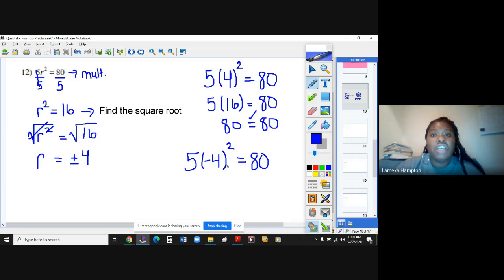Now, again, we're going to follow the rules of Please Excuse My Dear Aunt Sally, Sue, Shamika, whatever your auntie's name is that starts with the letter S. Negative 4 squared is the same thing as negative 4 times negative 4, and that's also going to give me a positive 16, because remember, 2 negatives multiplied together give you a positive result.